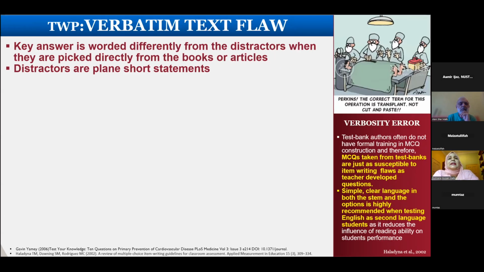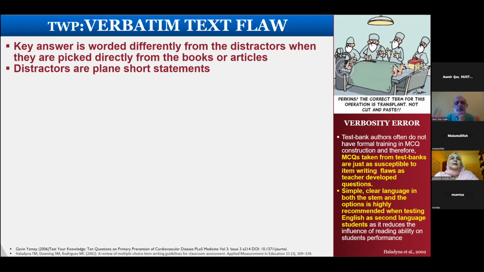The verbatim text flaw: the key answer is worded differently from the distractors when they are picked directly from the book or an article. Questions are usually prepared from articles, and in the articles some wordings are specific to those articles, while the other options are constructed by the teachers themselves.